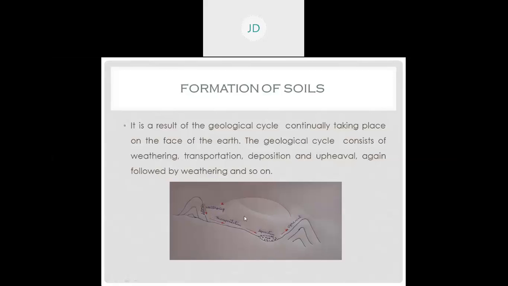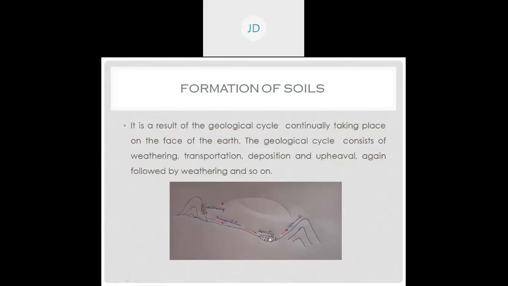Now the question may arise: how can rock particles go from one place to another? The answer is that there are natural transportation modes, something in nature which takes the rock particles from one place to another.